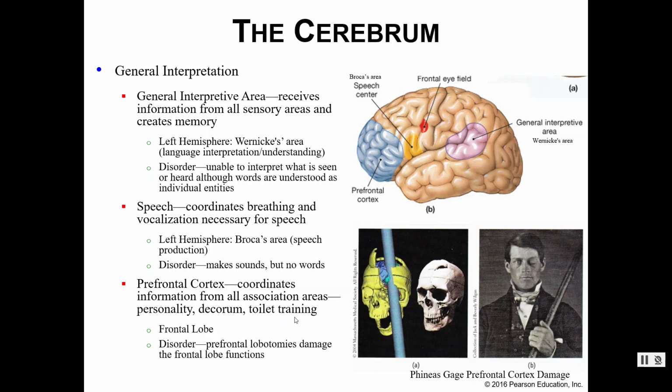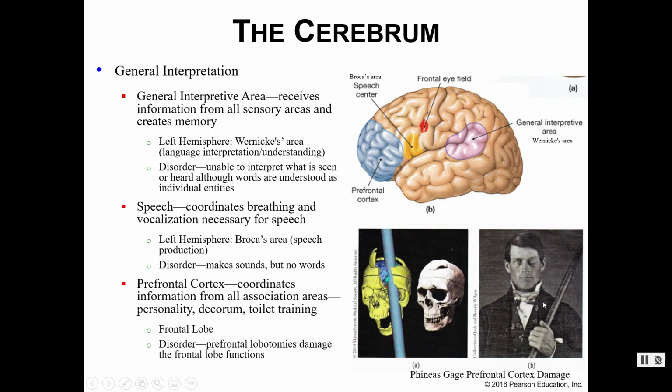This is in the very front of your frontal lobe. If you damage this region, you could potentially be a brand new person, and not necessarily in a good way. People that suffer from prefrontal cortex damage often experience changes in their personality and their manners. They could actually end up forgetting how to potty in the potty, things like that.